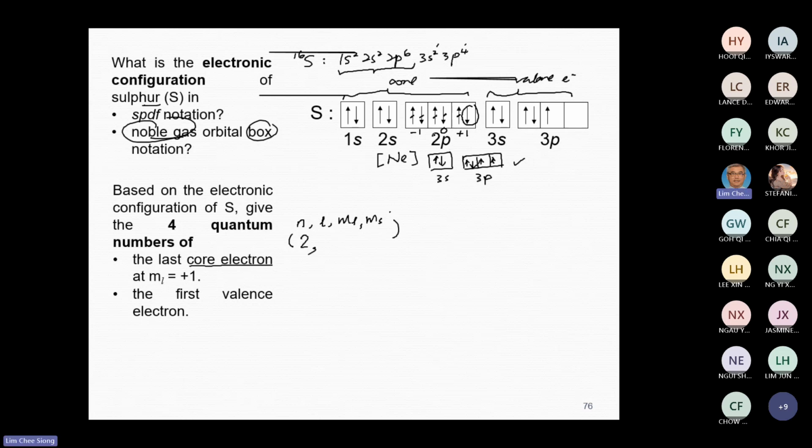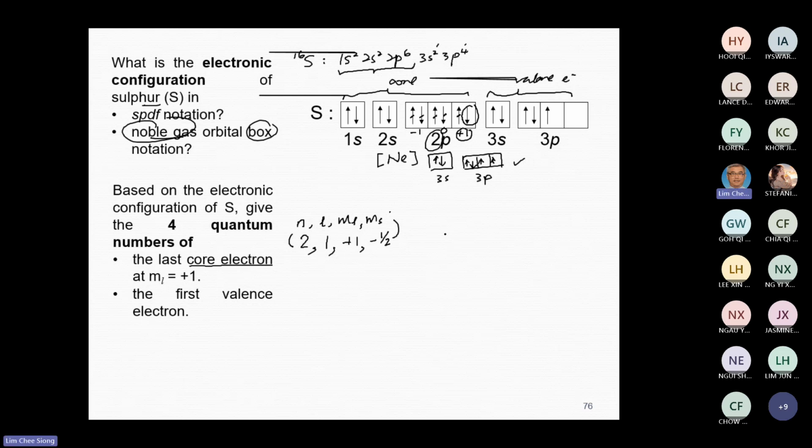This one, p, represented by 1. ml plus 1. ms, lower spin or upper spin. Lower spin because it is facing down. Put negative half. This is the first format.